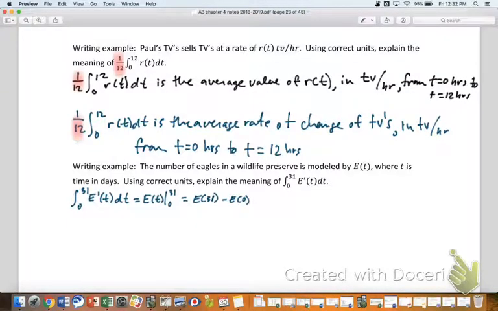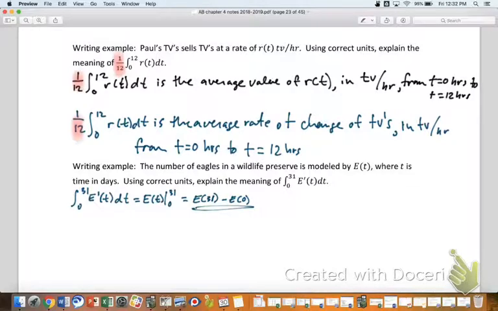Does that make sense? You're going to do FTC 1 and 2 there, right? The antiderivative cancels out with the derivative. You subtract the difference in the evaluations. Okay. So really it comes down to what is the meaning of this?